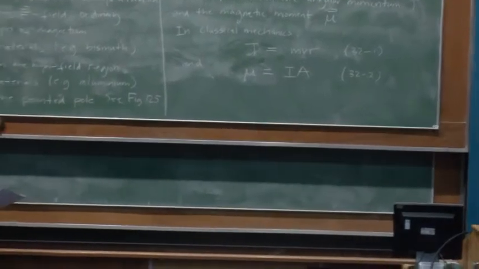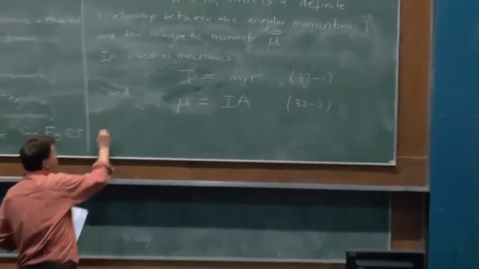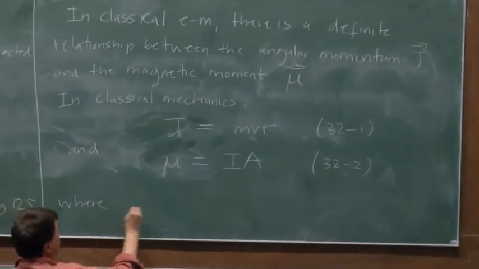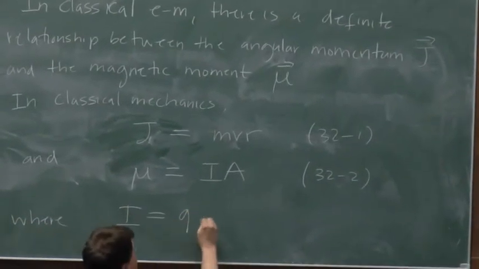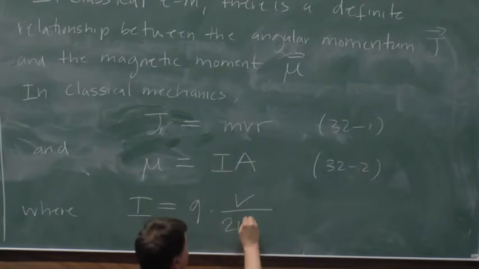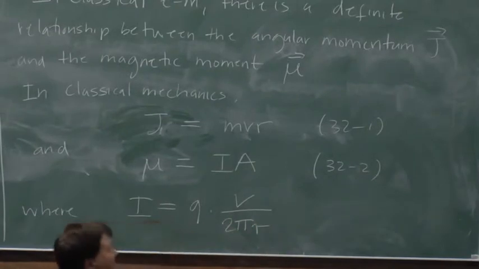Mu is equal to IA, where, if we want to make this connection, we can write that the current is Q times the velocity over 2 pi r.